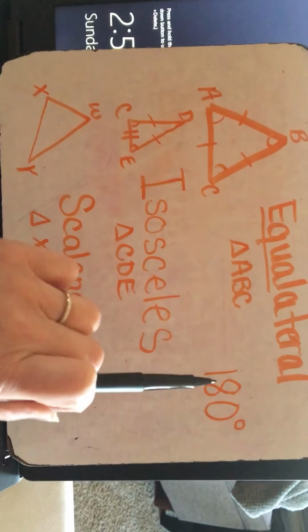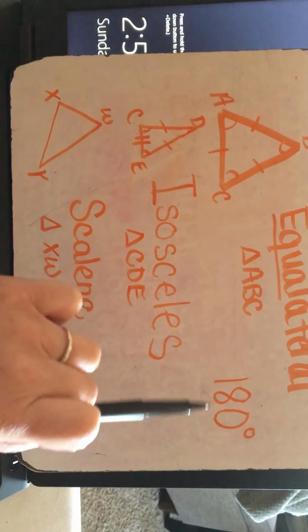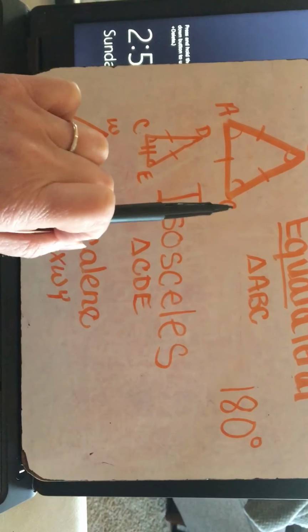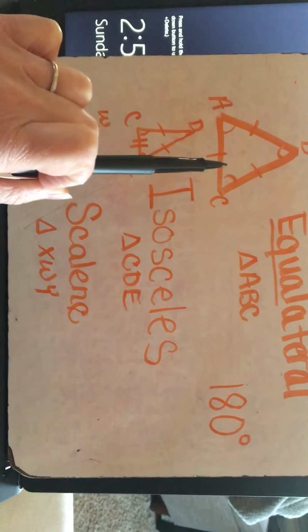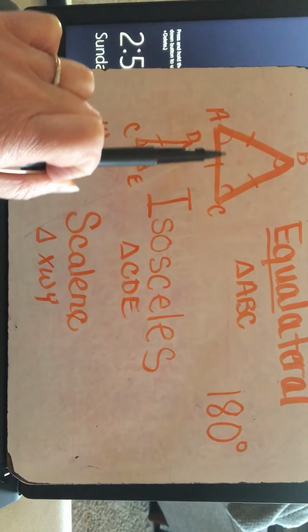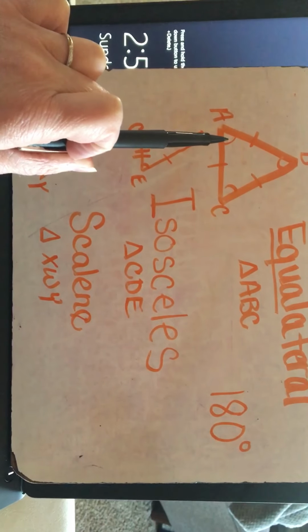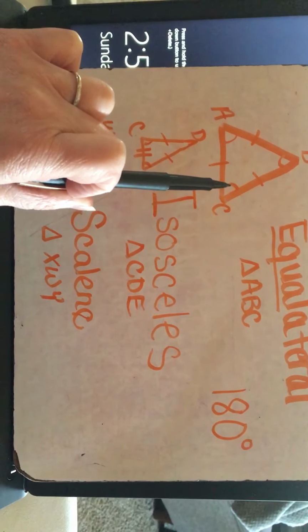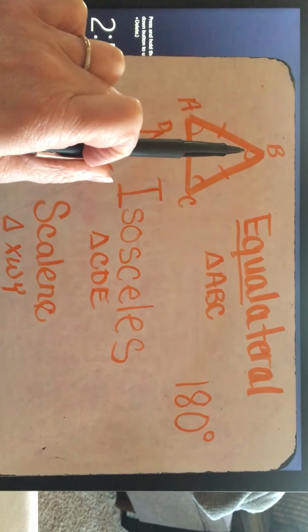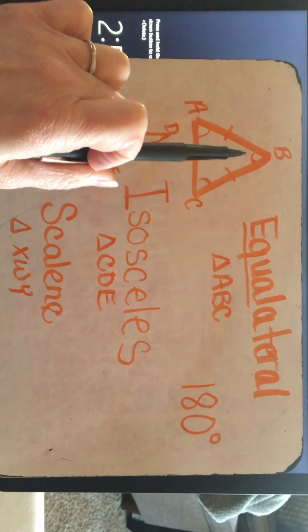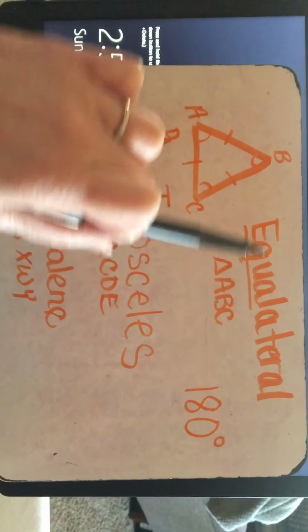And here's that thing I was telling you about, 180 degrees. If all of these angles put together equal 180 degrees and I divide by 3, I can see that this angle is 60 degrees, this angle is 60 degrees, and this angle is 60 degrees. So that would be an equilateral triangle. All angles and sides are equal.